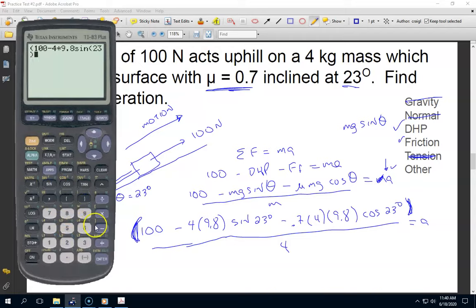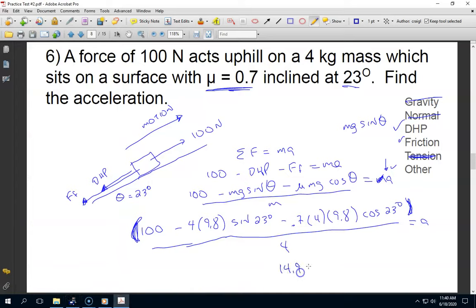Close up the sine, please. Also subtract 0.7 times 4 times 9.8 cosine 23. I need to close up the cosine, close up the numerator, and then divide by 4. And that would be 14.9 meters per second squared. 14.9 meters per second squared would be the acceleration.